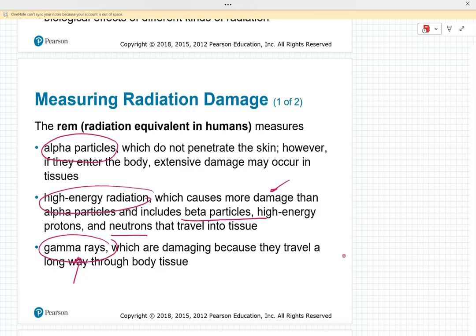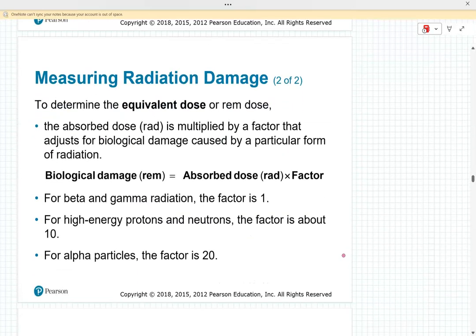Remember, pretty much your skin protects. But if you get an alpha particle source inside the body, where there is no protection by skin or clothing, this massive 2-proton, 2-neutron helium nuclei will wreak havoc. Alpha particles on the inside are probably more damaging than gamma rays coming from the outside. Okay?